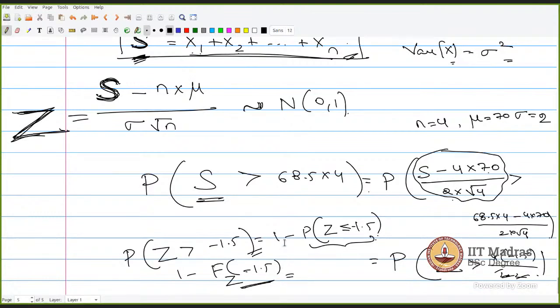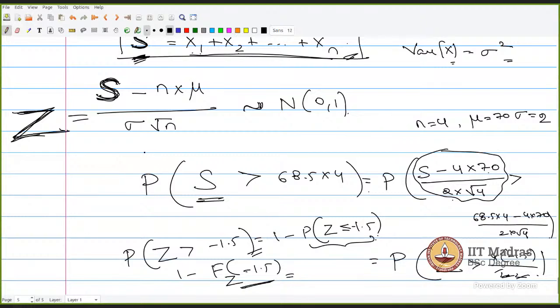Okay. So this approach is still understandable, because in the solution that has been provided, it's doing x bar minus 70 and then taking it directly to Z. So x bar minus 70 is standard normal 0, 1.